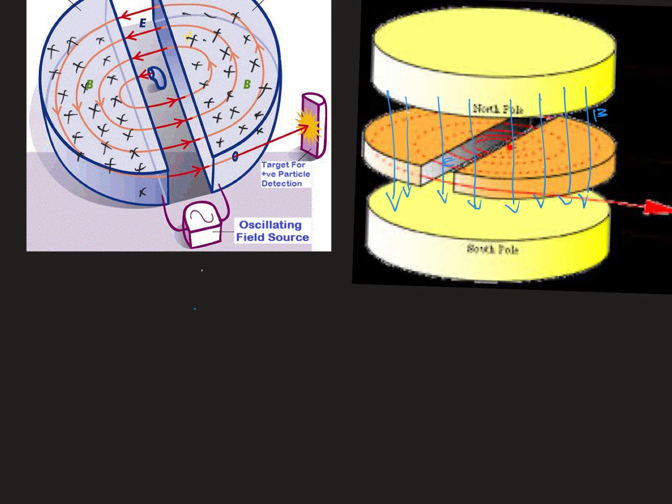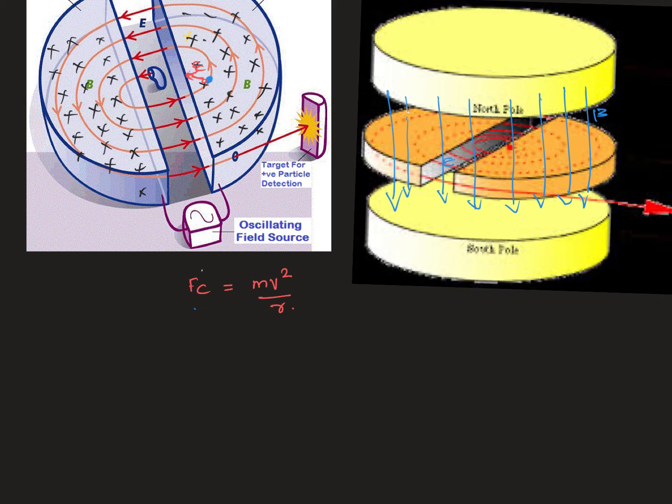If the particle is here, we have a centripetal force acting towards the center. So that centripetal force, Fc, is equal to mv squared over r.